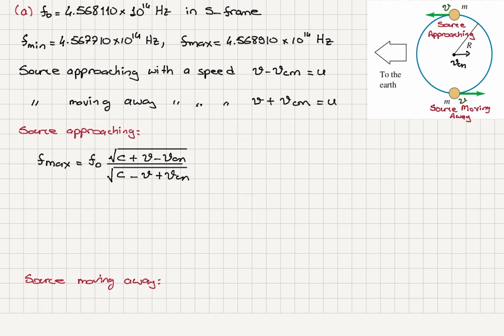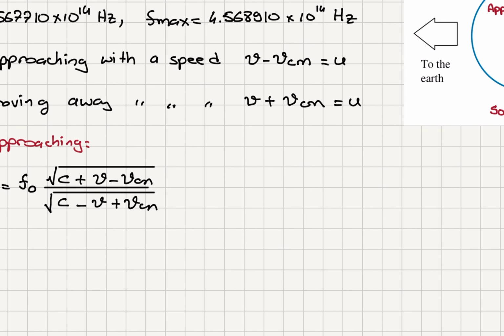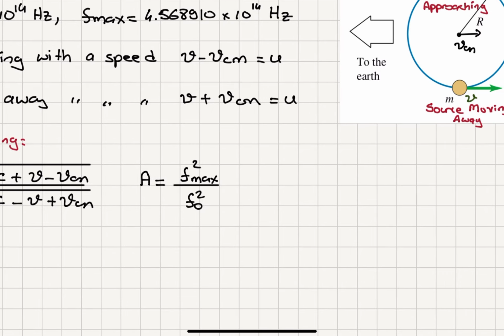Now, if I call the ratio of the maximum frequency squared to the original frequency squared, f max squared divided by f0 squared, I can see that this ratio is c plus v minus v center of mass divided by c minus v plus v center of mass.